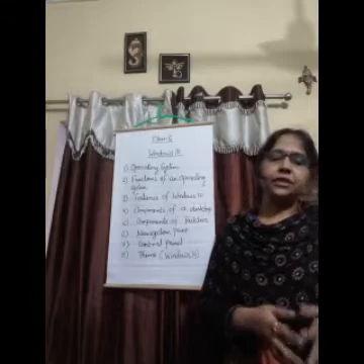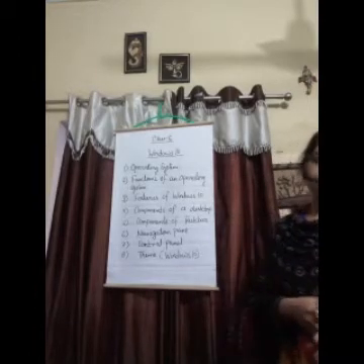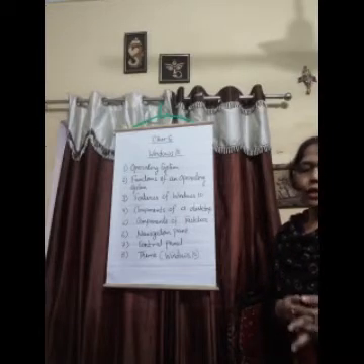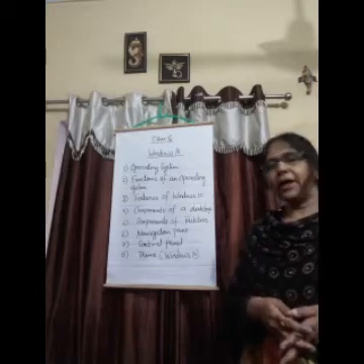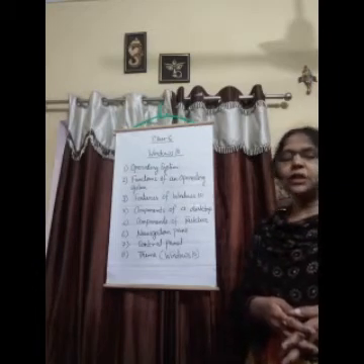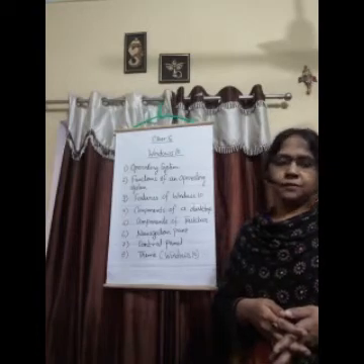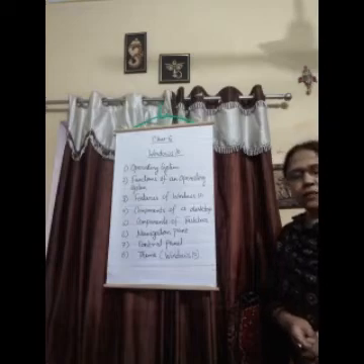What is an operating system? Operating system is an interface between the user and the computer. It manages all the software and hardware of the computer. What are the functions of an operating system?